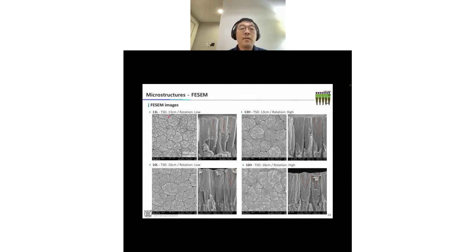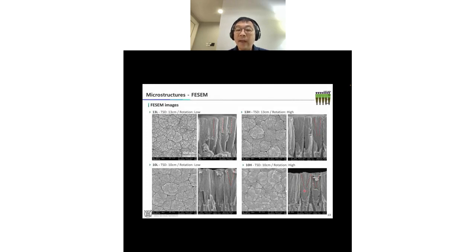So there are four different cases, and it's somewhat difficult to notice big changes in this SEM image. But you can see there is a tendency of growth of the columnar structure. There can be some angles, like this steep.